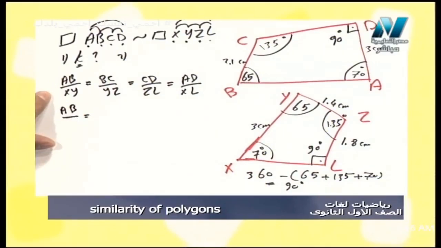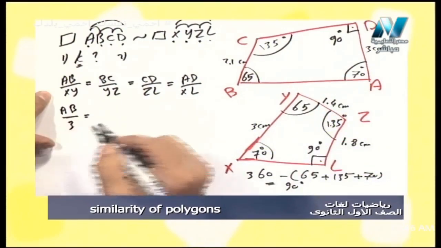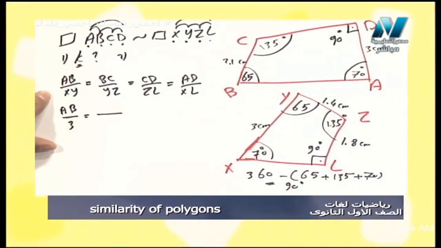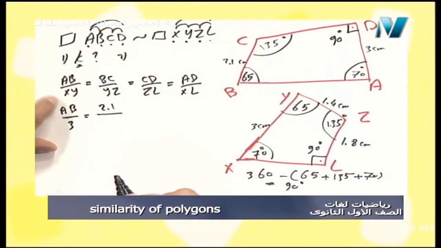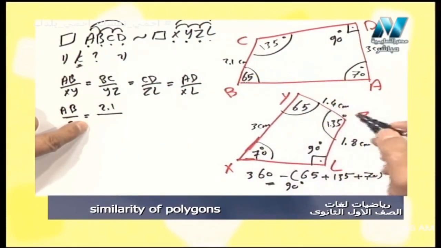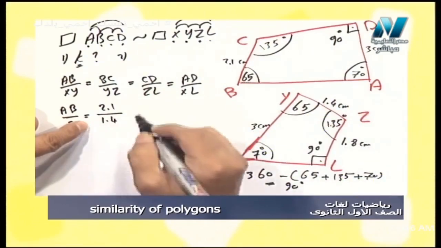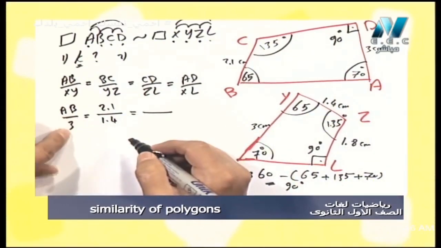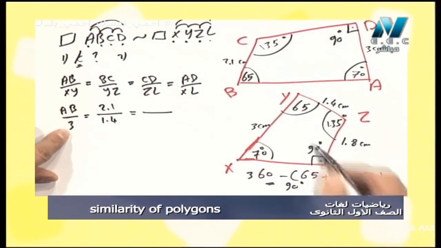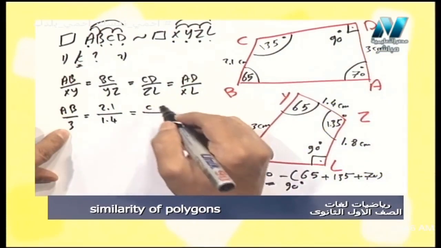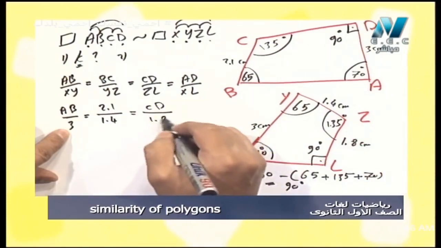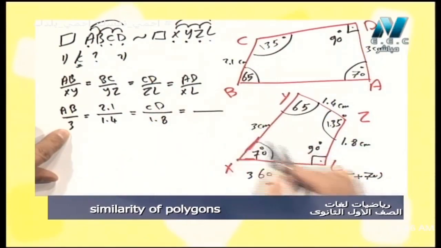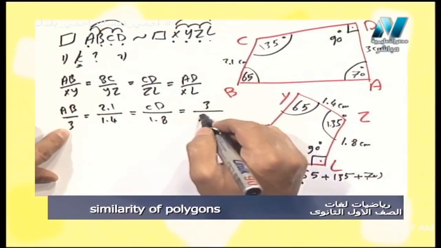XY here is 3 centimeters. What about BC? BC here is 2.1. YZ here is 1.4, equals CD, here we don't know it, and ZL is 1.8. AD is 3 and XL is unknown.